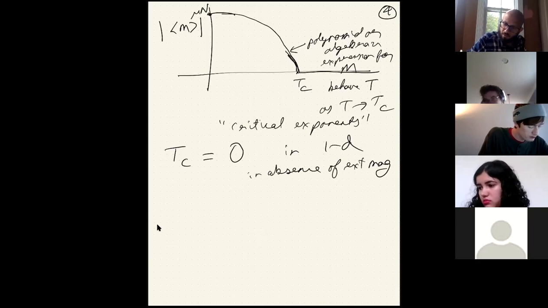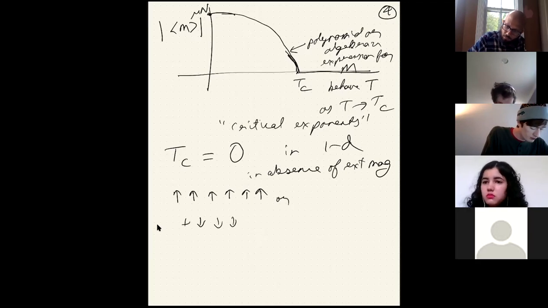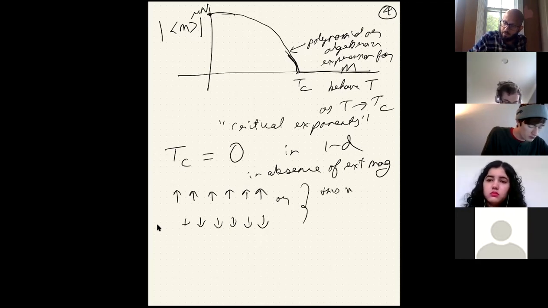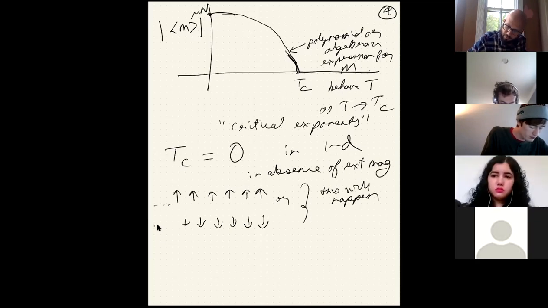This says that if you try to arrange a bunch of spins, either like plus, plus, plus, plus, plus, or minus, minus, minus, minus, minus, you can have them exist like this, and we have an infinite number of spins. That's quite critical, always thermodynamic limit. We have lots and lots of spins. You can come up with lots of funny business if you look at a small number of spins.